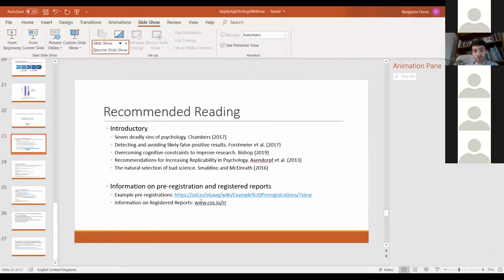Here, the information on registered reports, or this link, it's the Center for Open Science, and just /RR, that's registered reports, and they show you every single journal that offers registered reports. Royal Society Open Science and PLOS do as well, so there are some big general journals that will also do it, as well as discipline-specific ones.